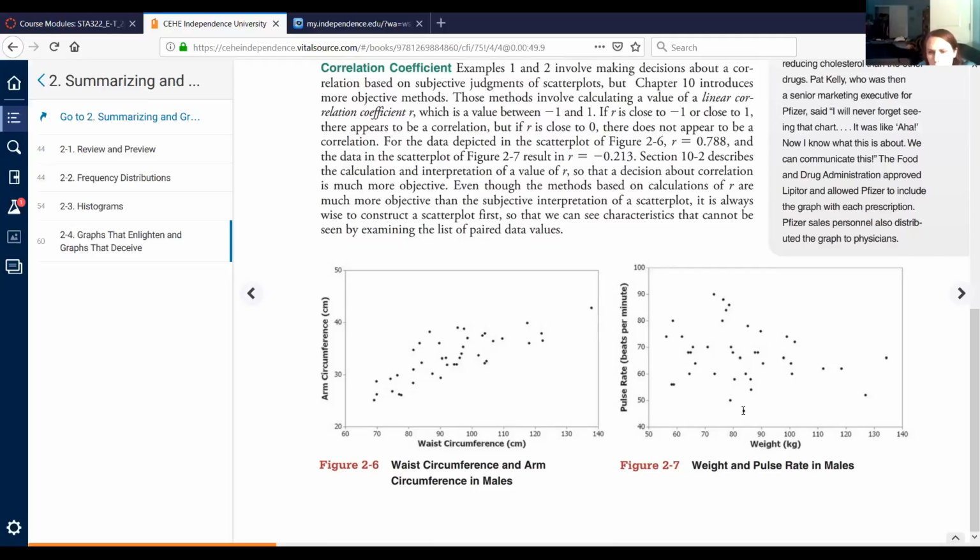And we've got this person over here with about an 83 kilo weight and a pulse rate of 45. So we've got this scattered. This is a way, a lot of times, that we collect numerical data that we can plot like this, and just look and see if we think there is a trend. Now remember, I said just because they go together doesn't mean they're related, or that one causes the other. But that's where we are with that.